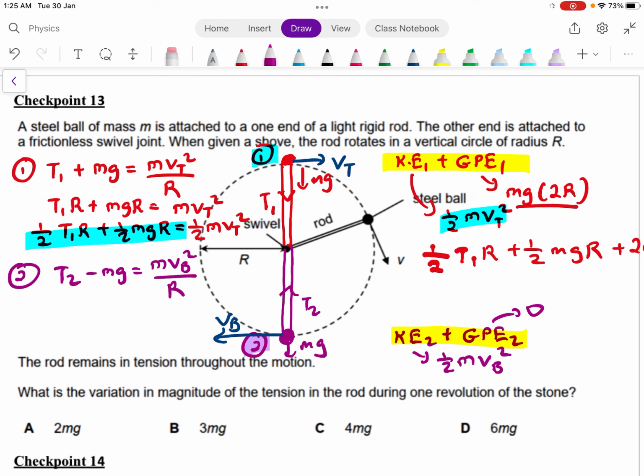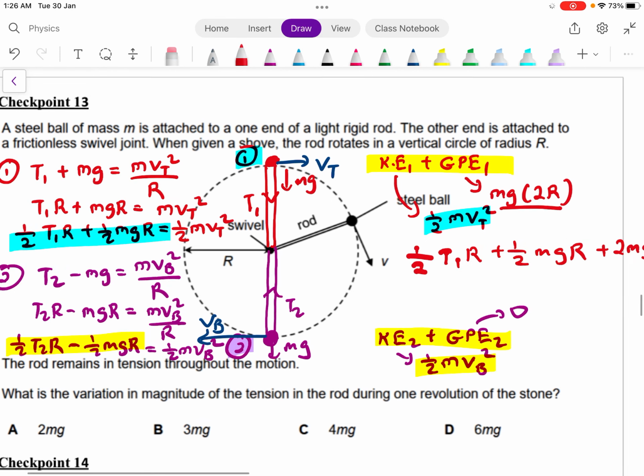Same thing, you move the r to the left hand side: T2r minus mgr equals m vb square. Then you times half throughout, so half T2r minus half mgr gives half m vb square. So in terms of T2, r and mg, the kinetic energy of the steel ball at the bottom is this, and I just put it inside here.